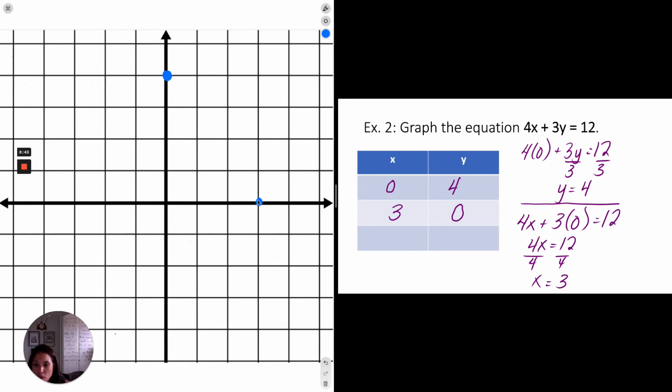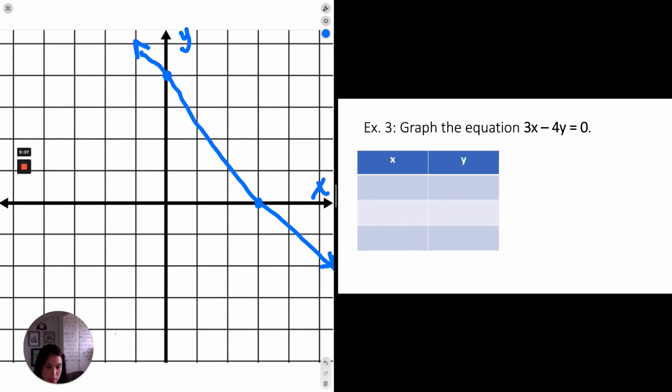So it doesn't move up at all. It stays right here on the x-axis line. I'm going to draw a straight line through, and then add my arrows. You also want to label that this is x and this is y. Okay?